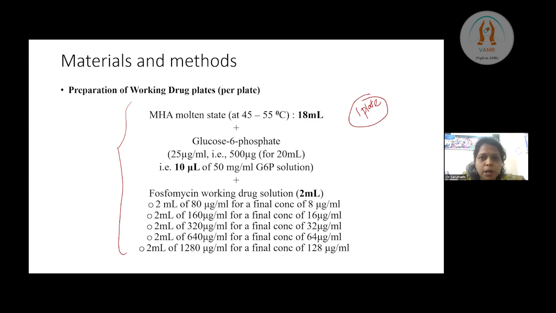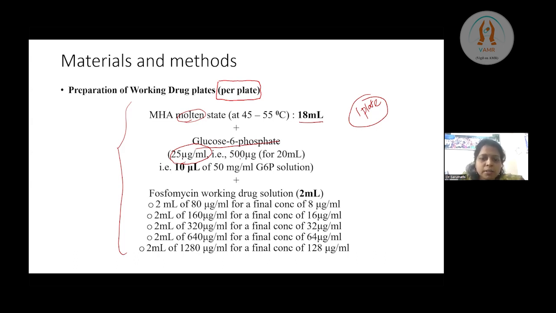First, for preparation of one plate, what materials are required? First, we need molten MHA, around 18 ml we have to take. This is to be added with glucose 6-phosphate, and according to the recommendation, 25 microgram per ml is to be included in each of the drug plates.